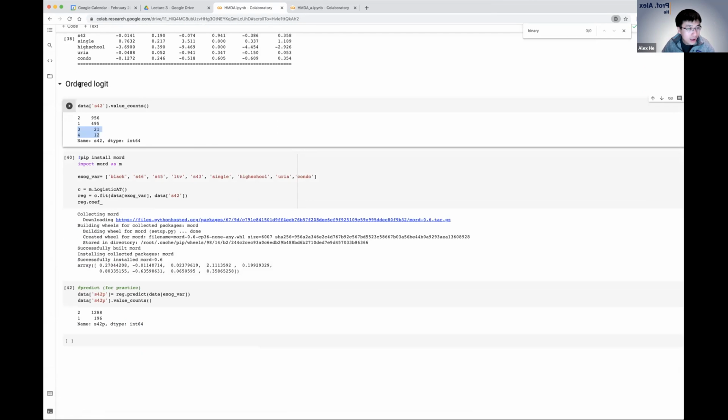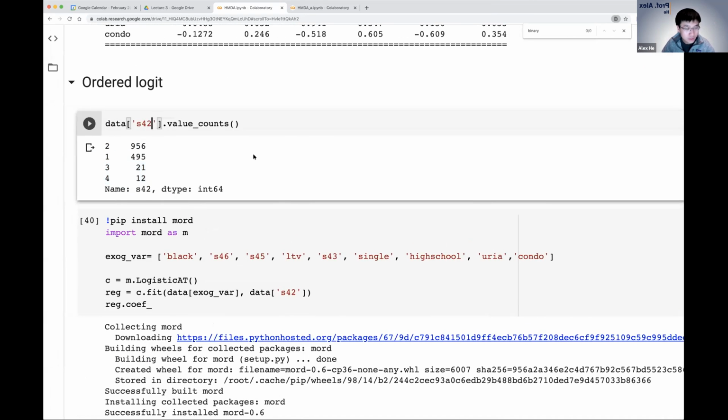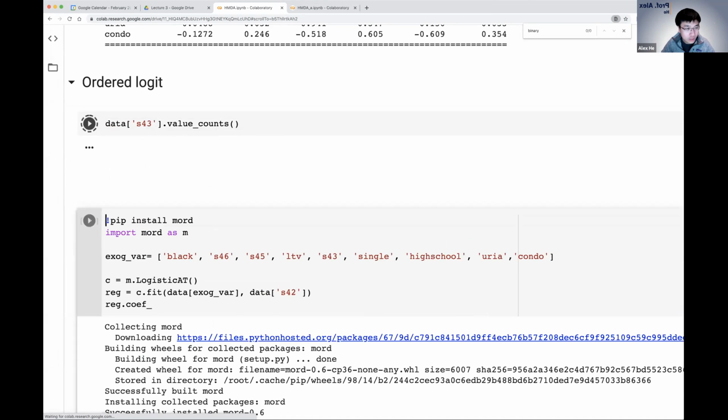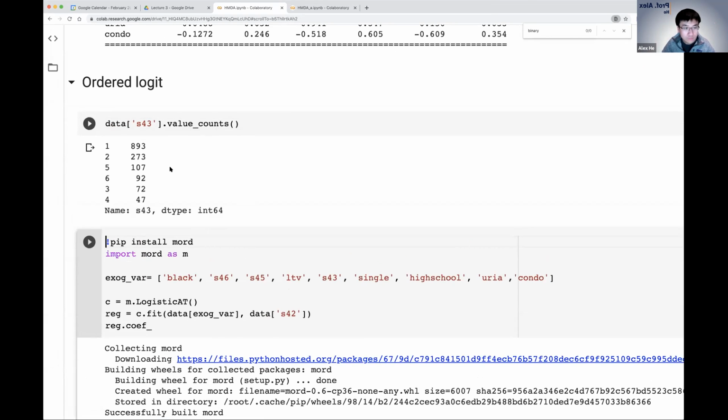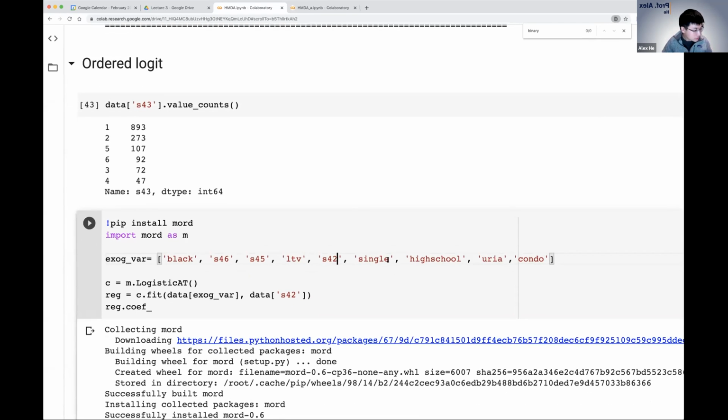Or you could try other stuff, like the example I did before, S43. There you have these 6 categories, and it's also ranked from the best to the worst in terms of the credit history. And you can use the other variables to predict it.